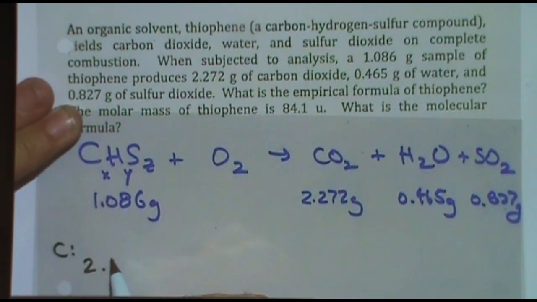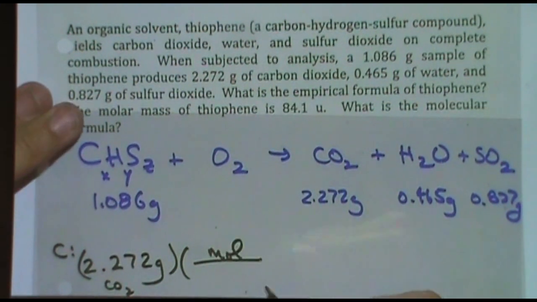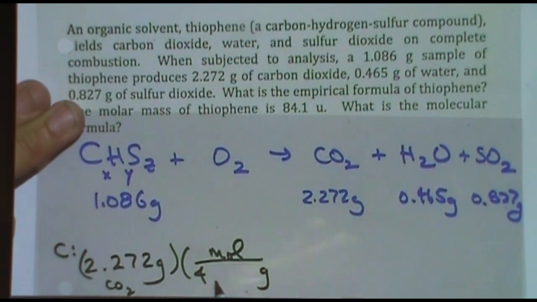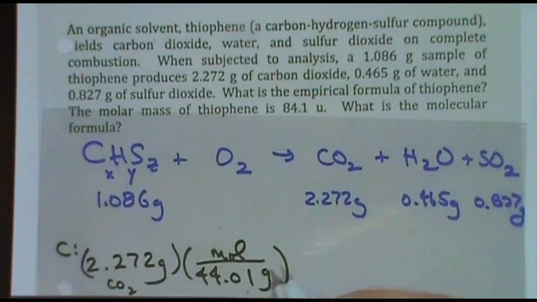Carbon is located only in CO2, so we're going to start with that. That's grams of CO2. We're going to change this to moles. There's 44.01 grams per mole of CO2. That's found in the periodic table. And then I want to change this not to moles of CO2, I want moles of carbon.